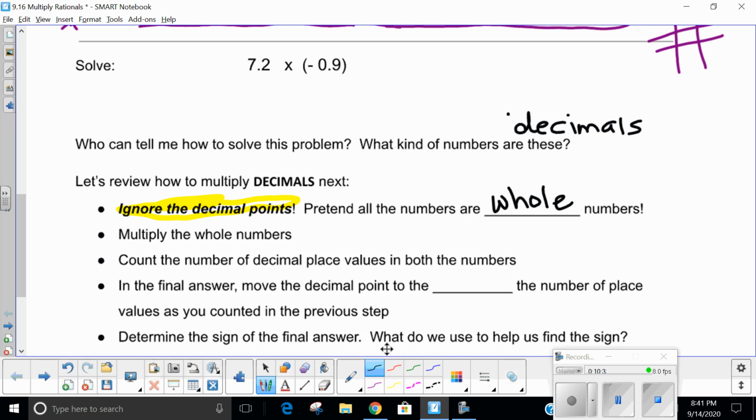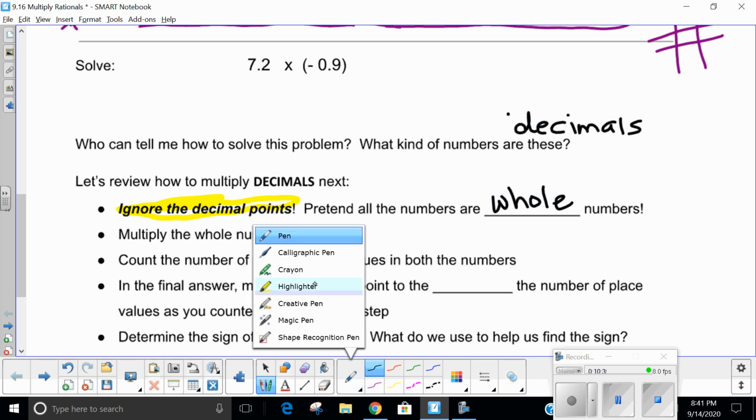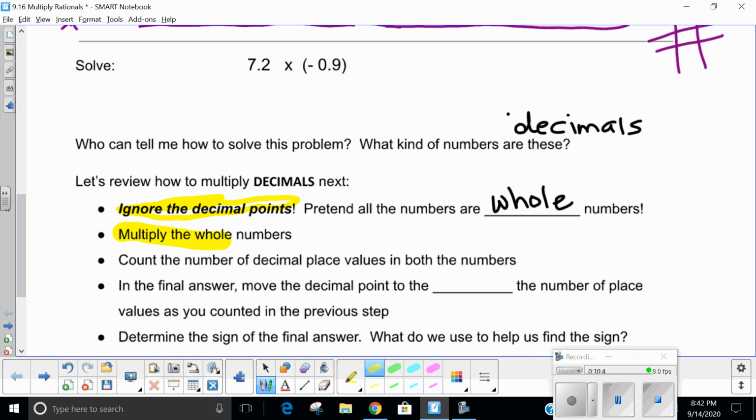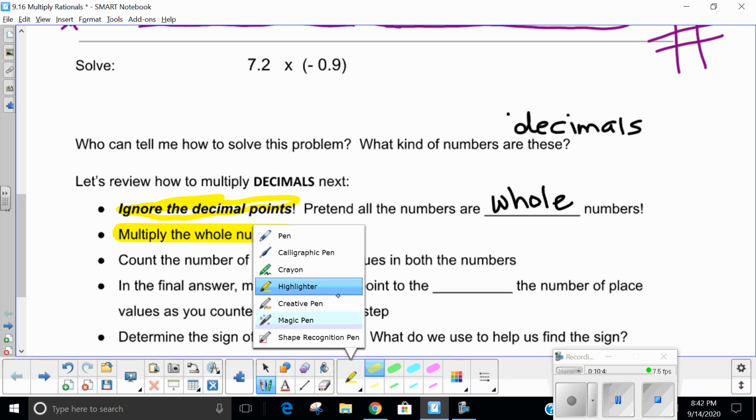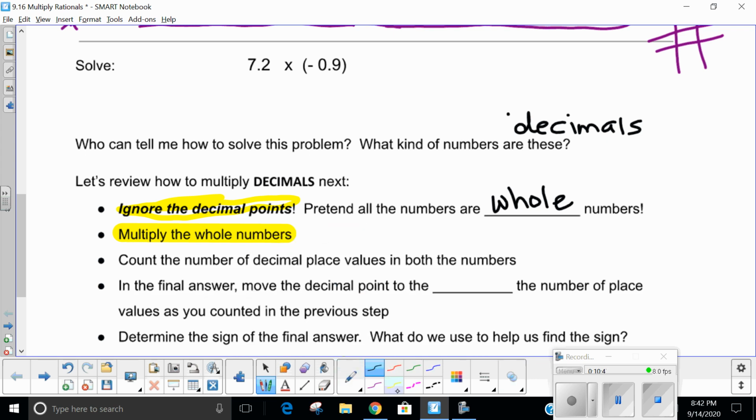Then what we're going to do, since we now have whole numbers, is we're going to multiply them just like you would normally. But then the next step, we have to count the number of decimal place values in both of the numbers that we're multiplying.